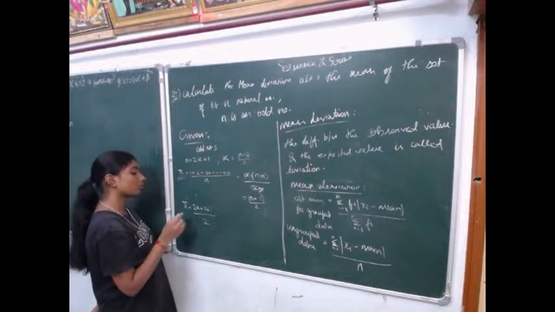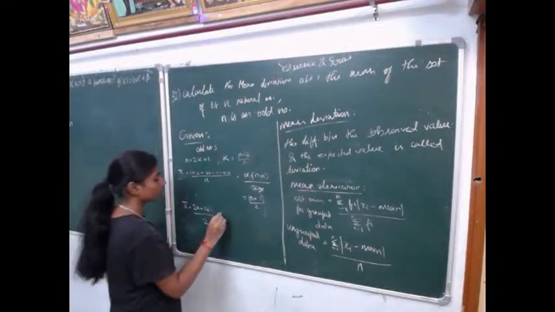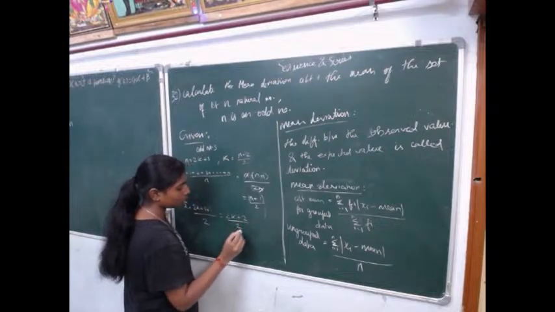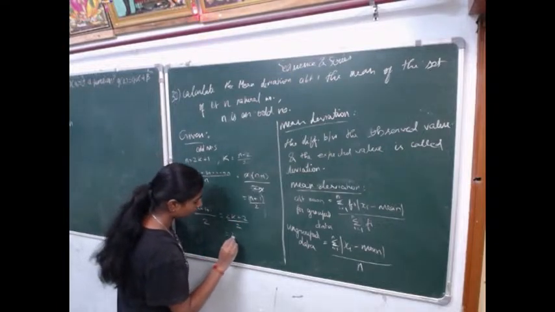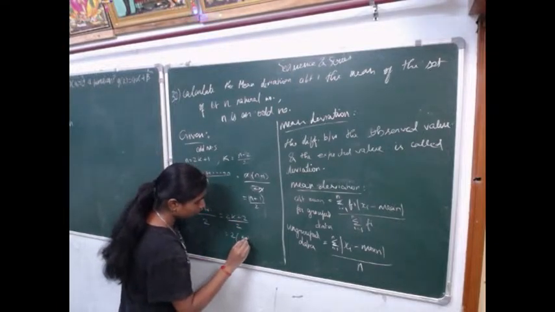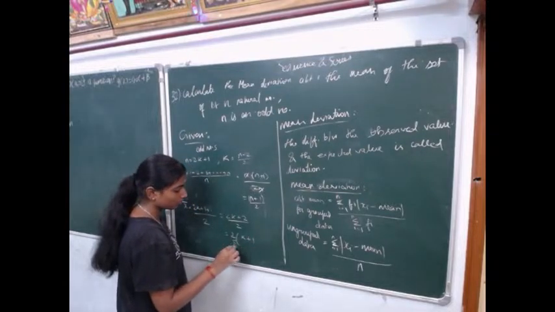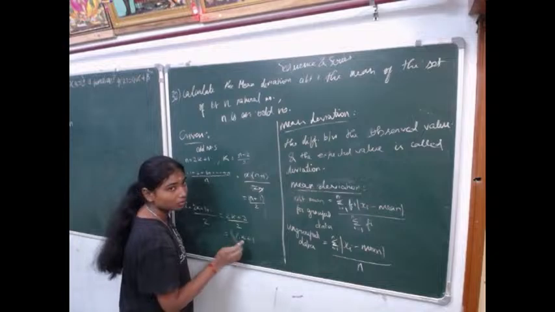That is equal to 2k plus 2 divided by 2. That is equal to, 2 can be taken outside the bracket and divided by 2 can be cancelled. So k plus 1. Right? Got it?